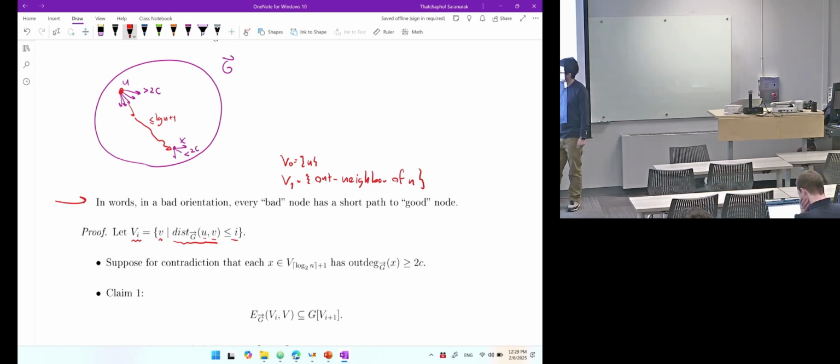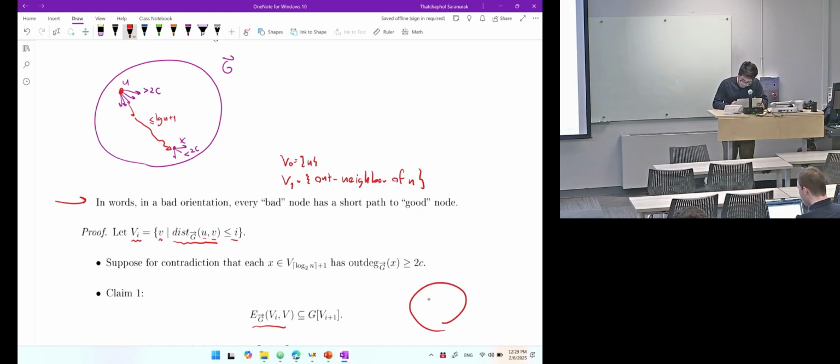How do we get a contradiction? First, I claim the following. What do I mean here? I mean that if you look at V_i, and take all edges that go from V_i to some node, some node that may be outside V_i. So this edge can be here, can be here, can be here. Not this one, right?